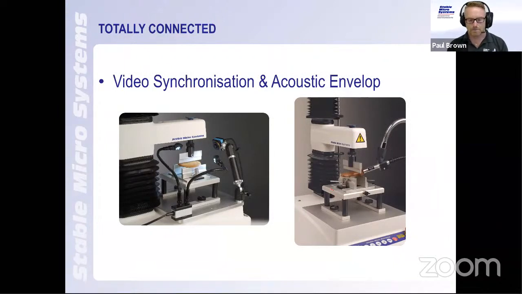Further to that, two very unique features are the video synchronization and acoustic envelope. Our instrument is able to simultaneously record video at high speed, at up to 50 frames per second, and look at the graph at the same time. I have an example of that after this slide for you.